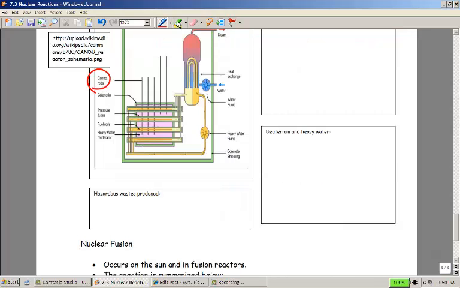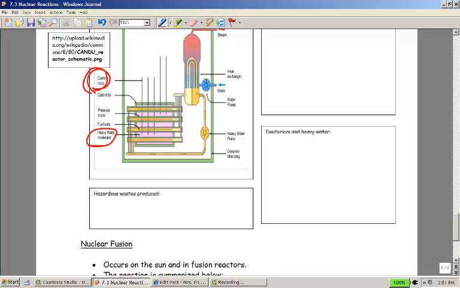The special hydrogen nuclei that have an extra neutron in them produce heavy water. The heavy water is used as a moderator, or it helps to control the reactions, in addition to the control rods that can be pulled out or pushed in to control the reaction.